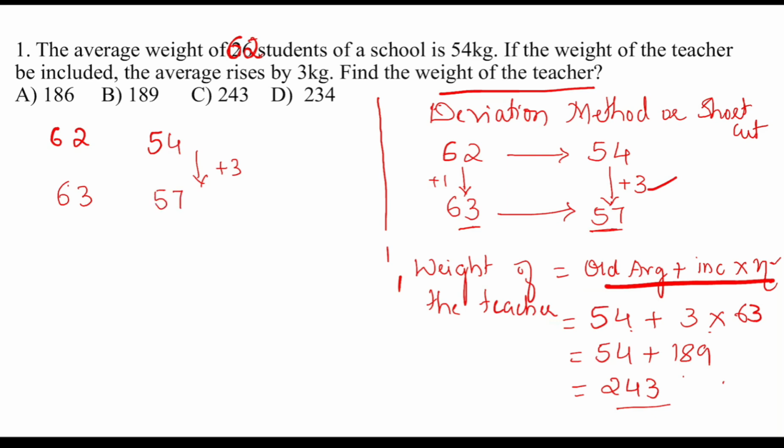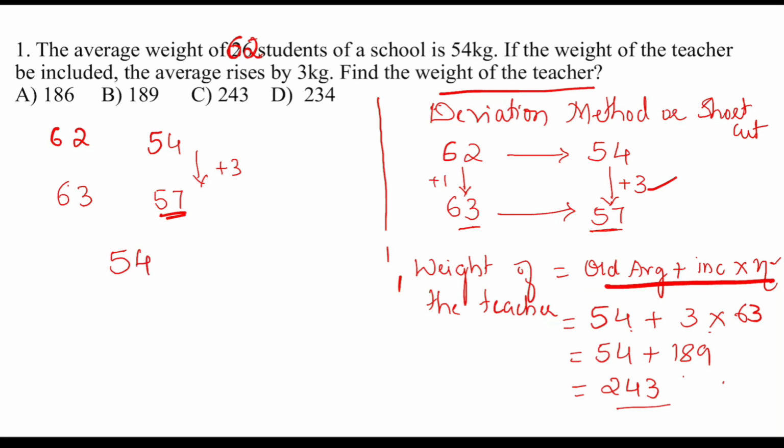As I told you in the previous concept, if the new person who is coming is bringing something more than the old average, then the new average always increases. So the new average is increasing, which means the weight of the person who is coming is more than 54.